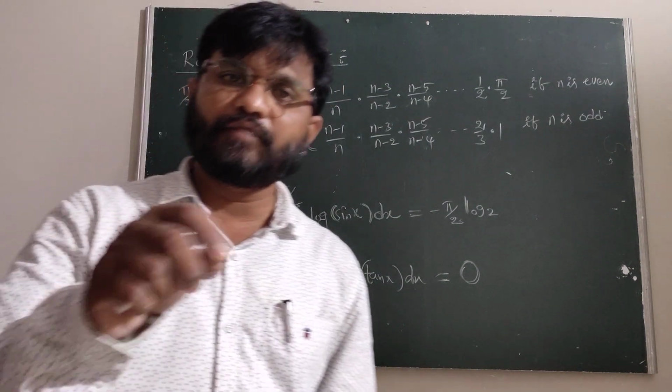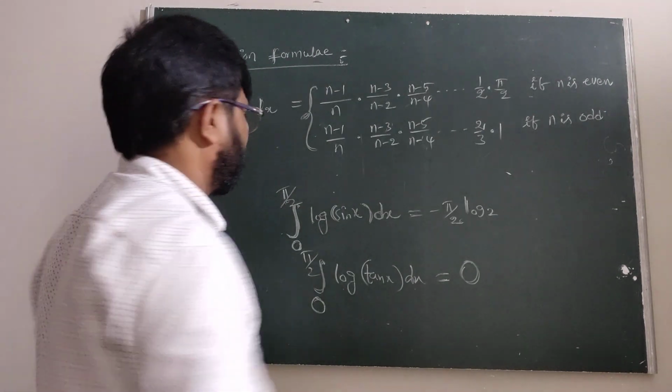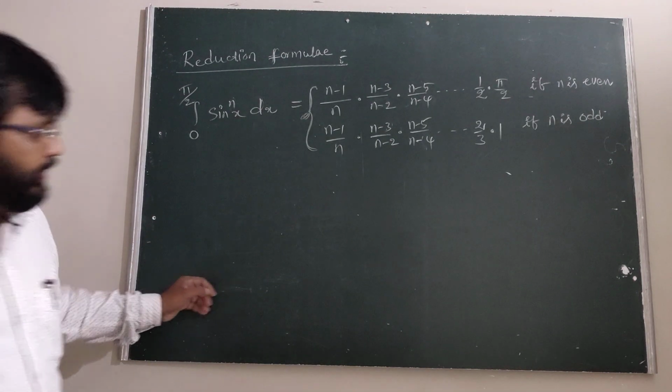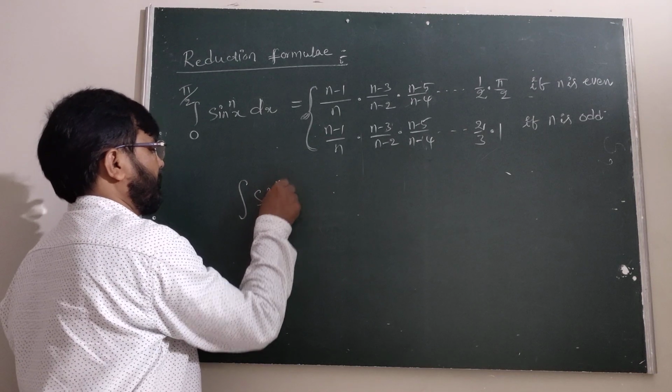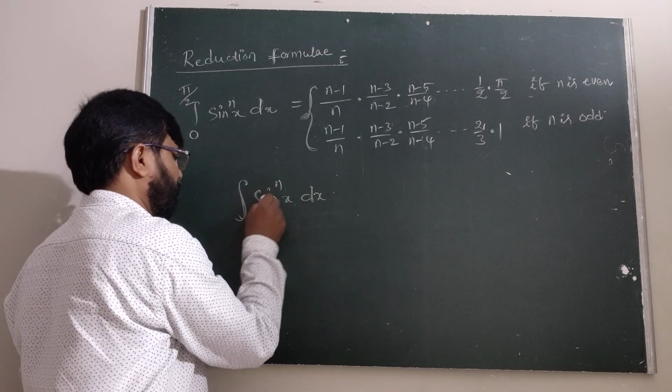In indefinite integrals, we have to know the integral of sin power n x dx. All of you listen here. What is the integral of sin power n x dx?